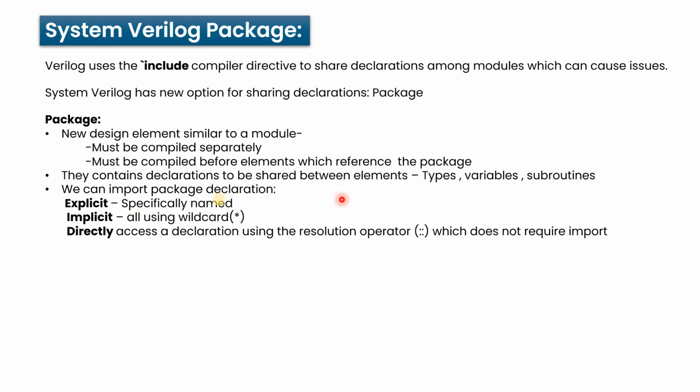We can import package declarations in different ways: explicit, specifically named import, and implicit, using a wildcard, or directly access a declaration using the scope resolution operator, which does not require import. We will see how these can be done using some examples.